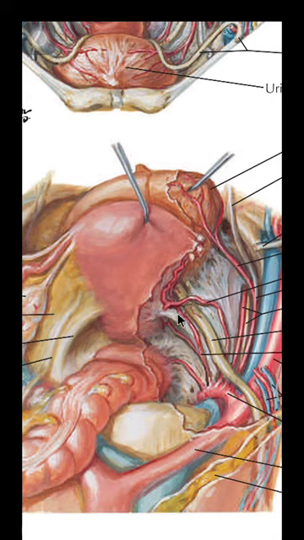Then laterally the ureter will be related to the uterine artery, before it crosses the ureter from lateral to medial side. These are all the relations of the second part. The third part of the ureter is the intravesical part. We are not dealing with that in this video.